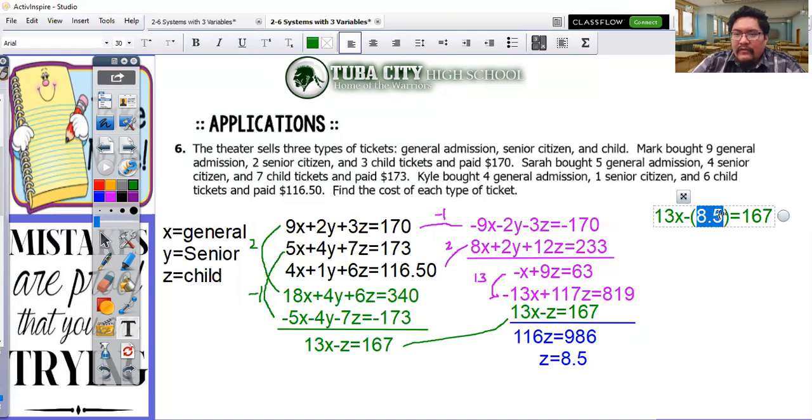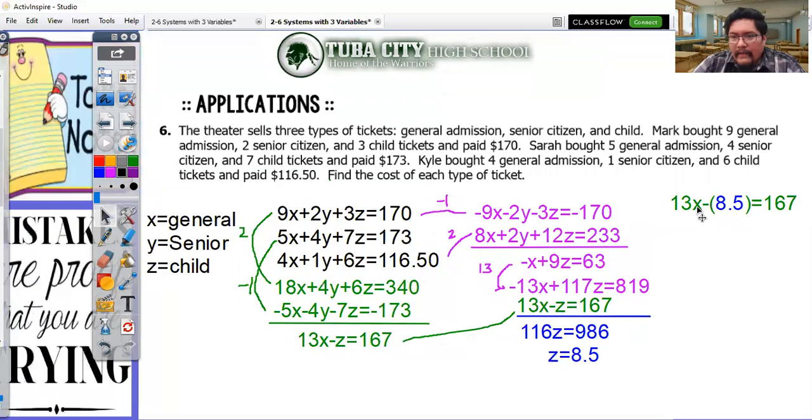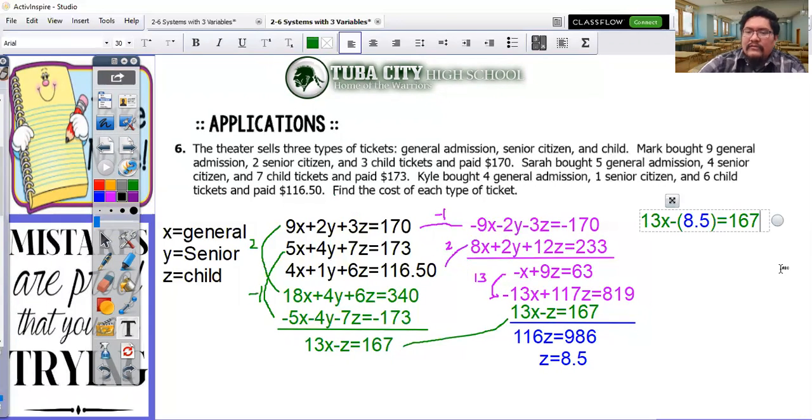And again, the 8.5 comes from here. This should give us the number of x, which is the general tickets, the general population.